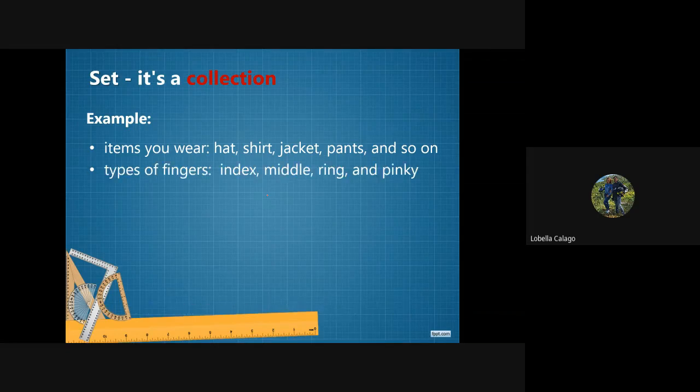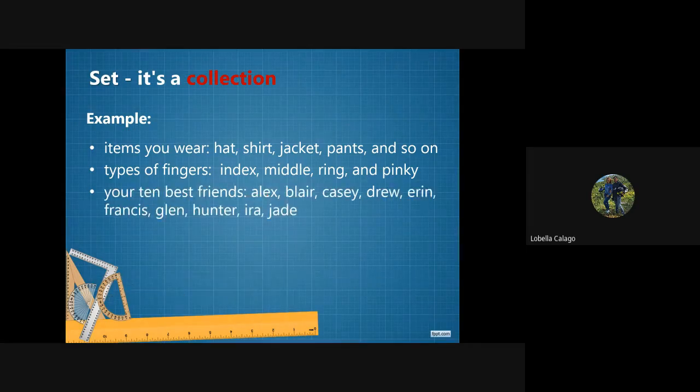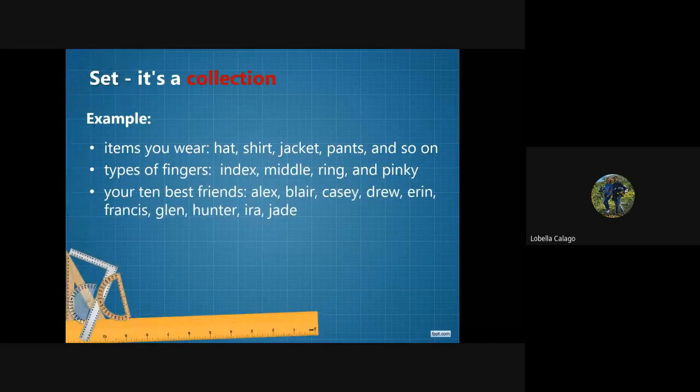It can be the types of fingers you have. Or your 10 best friends. Sino-sino yung mga best friends mo? For example, we have Alex, Blair, Casey, Drew, Erin, Francis, Glenn, Hunter, Ira, and Jade. So those are examples of a collection.